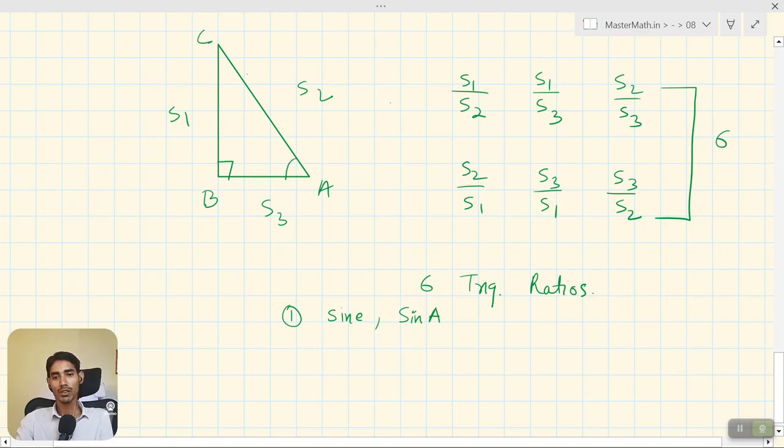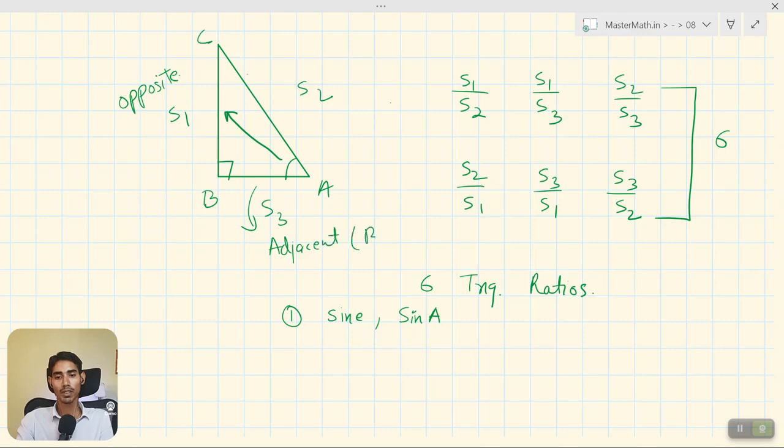So the first thing we need to take care of is to mark the angle A. Once we select the angle A, the side opposite to it, for obvious reasons, is called opposite, and the side adjacent to it, the base, would be named adjacent.